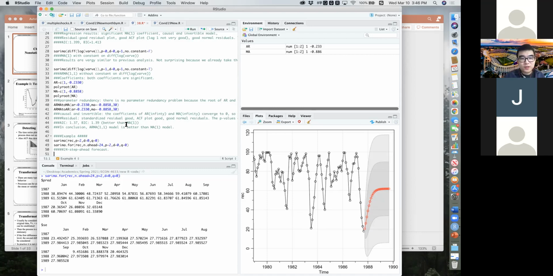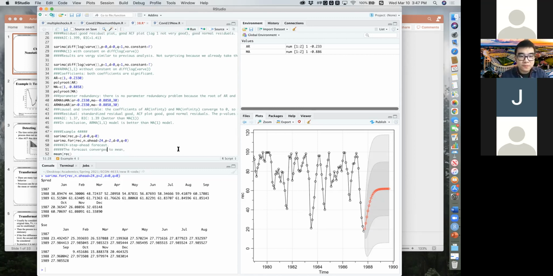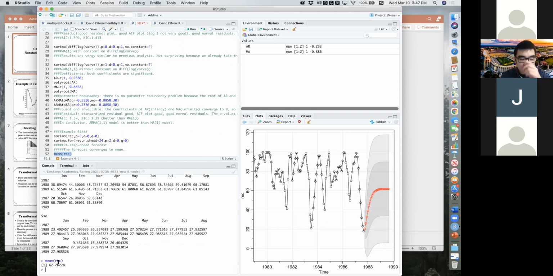So you will notice that the forecast converges to the mean. You can see that the forecast converges to this line, which is the mean. I checked the mean here. The mean of this recruitment series is about 62, sorry, 62.3. So you can see that it converges to the mean.